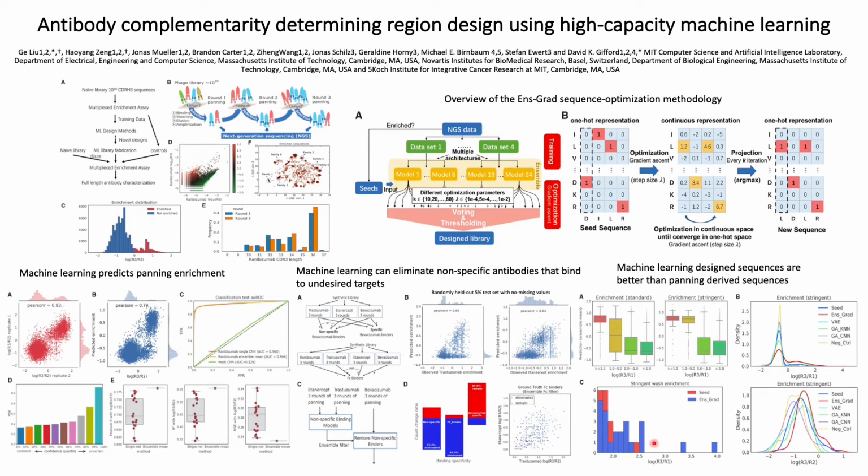They also showed the enrichment of sequences after their machine learning models. They only showed n-squared because for all the other methods, the enrichment values are lower than the values here, so they're not shown, which means, again, they showed their machine learning designed sequences have good specificity.